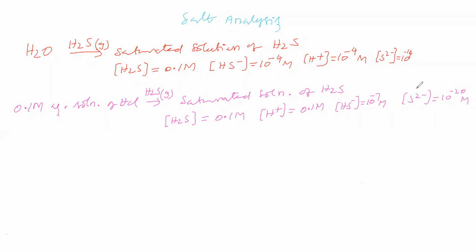The concentration of sulfide is different in these two cases. The concentration of H plus is different. The concentration of bisulfide is different. Why is it so? Why does this difference arise?